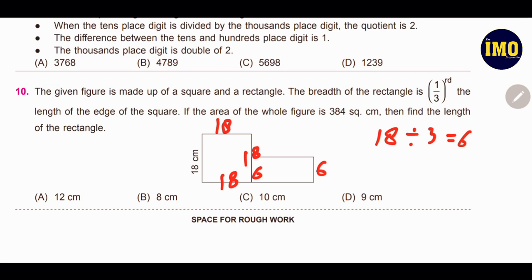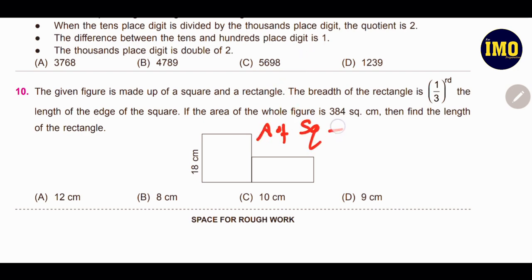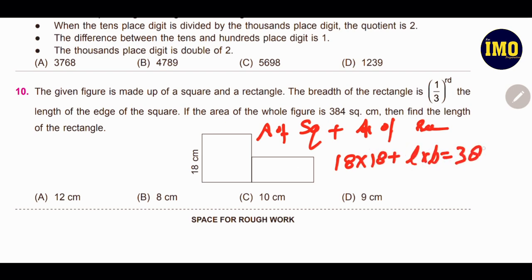The total area of this figure is equal to 384, in terms of these two figures: area of square plus area of rectangle. Area of square is 18 multiplied by 18. Area of rectangle is length multiplied by width, which is equal to 384.